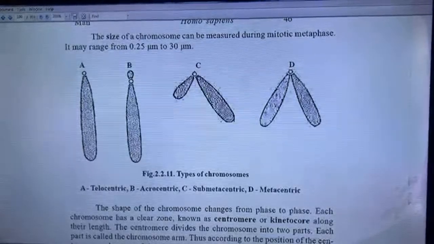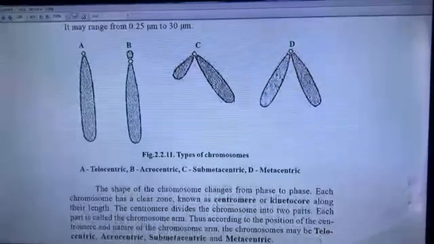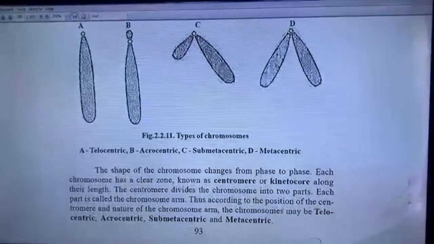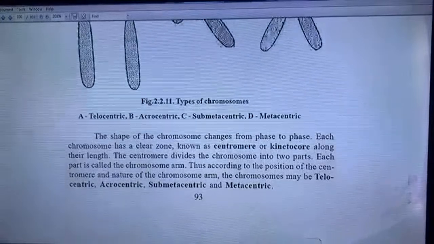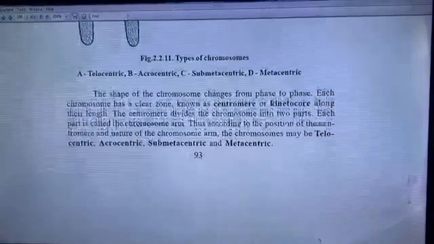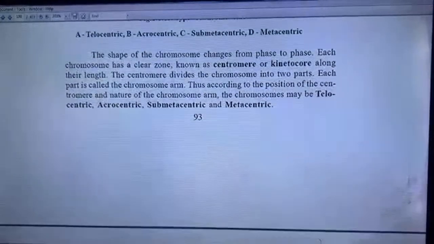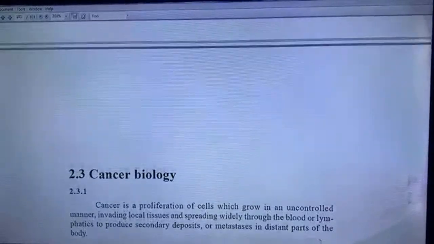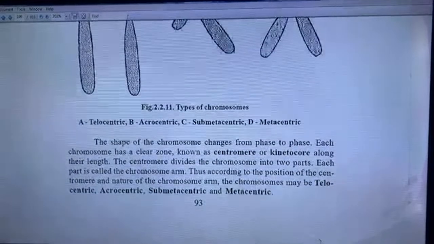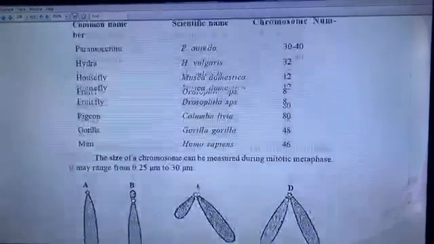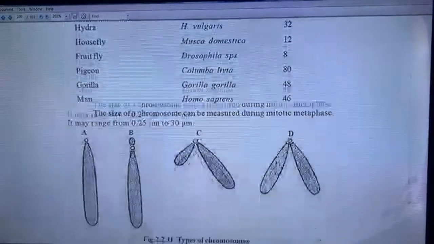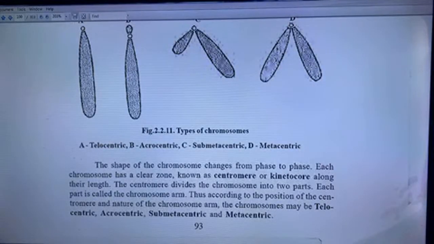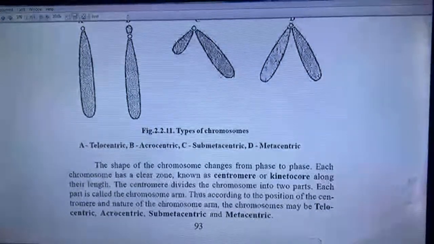Types of chromosomes: telocentric, acrocentric, submetacentric, metacentric. The shape of the chromosome changes from phase to phase. Each chromosome has a clear zone known as centromere or kinetochore.